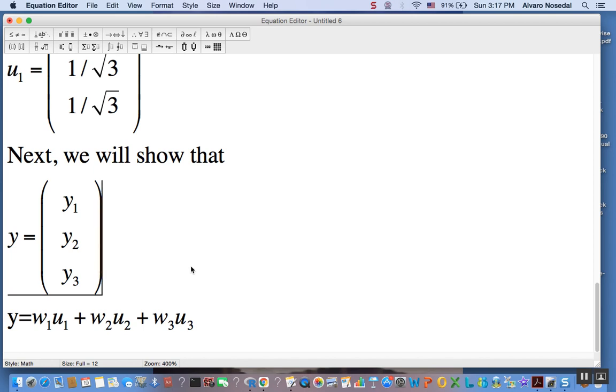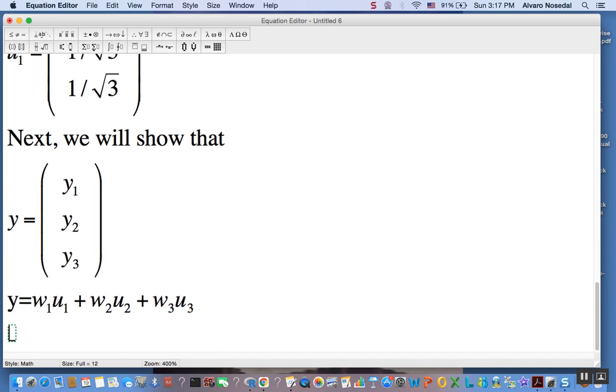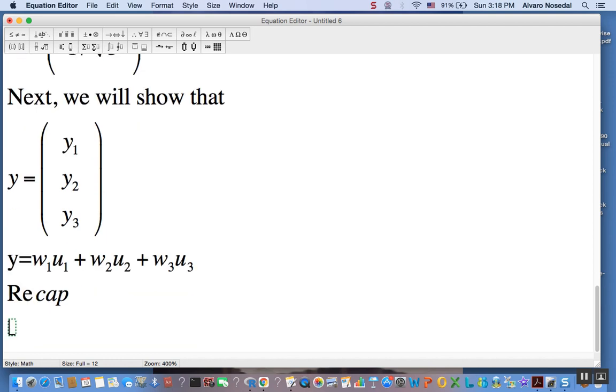Okay. So, let's recap. We just did the following. We turned a set of three orthogonal vectors v1, v2, v3 into an orthonormal basis u1, u2, and u3.